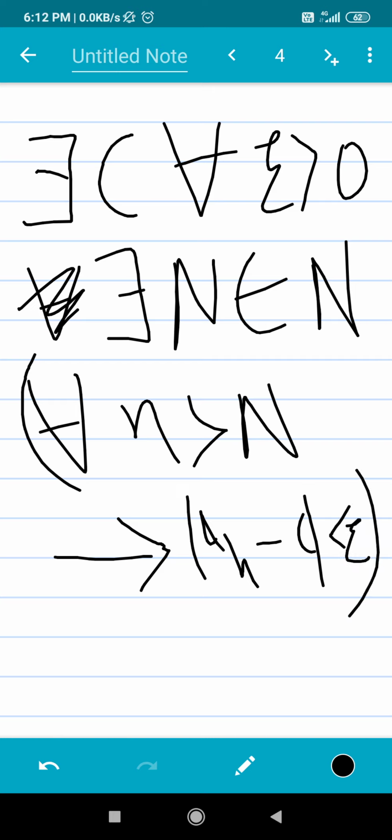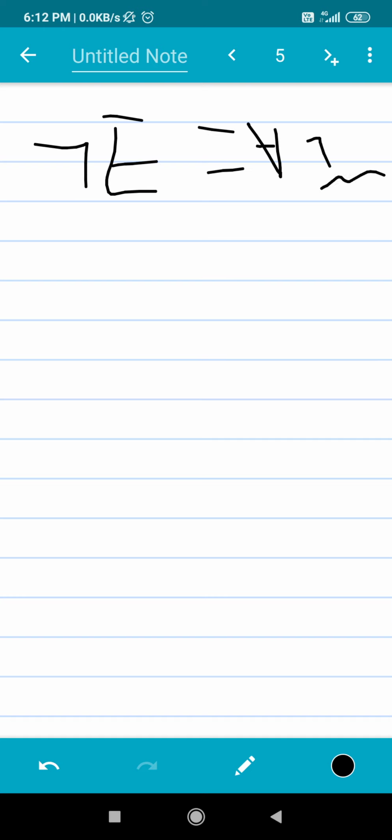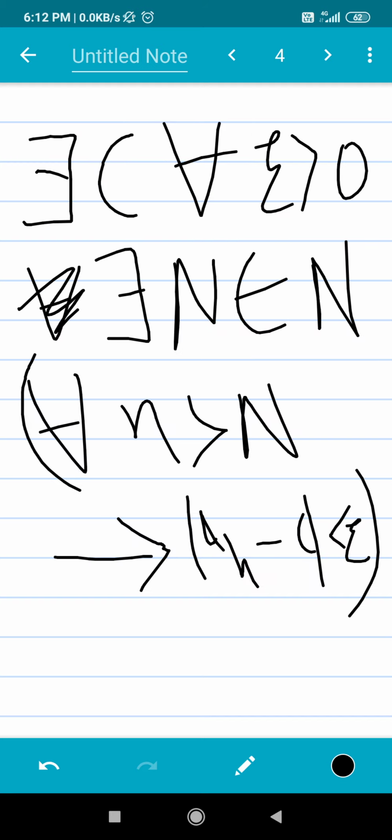So basically now the negation of this quantified statement is what? It's this. You know this, right? Negation of there exists is for all, then whatever P is, its negation. Similarly for the others.